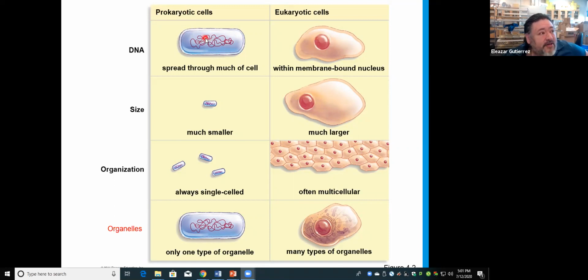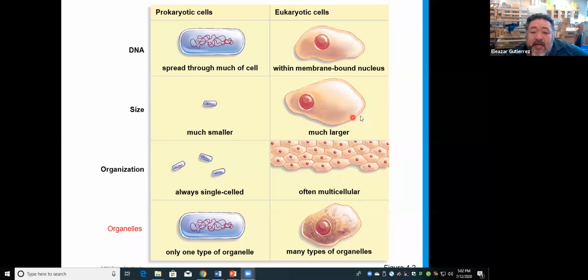In fact, bacteria have what's called a nucleoid region, where DNA hangs out, but it does not have a nucleus. It has a little area where the DNA has a tendency to congregate, but no membrane-bound nucleus. So eukaryotic nucleus, prokaryotic no nucleus.